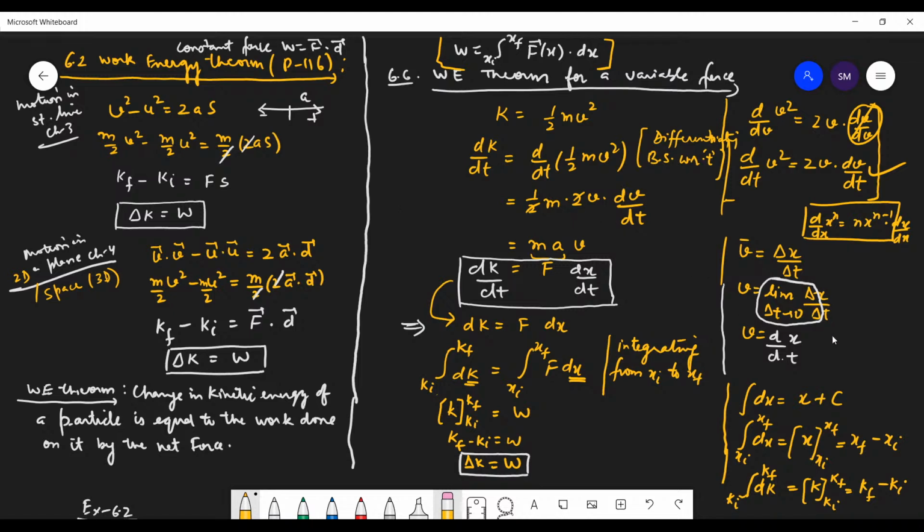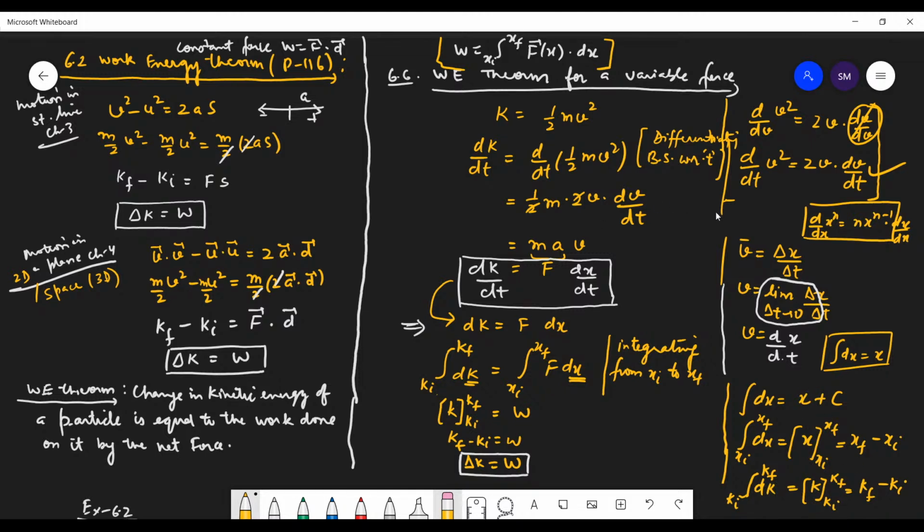We can just remember that the integration of dx is equal to x. Now it's a definite integral, so put x equal to xf, the final value, minus x equal to xi. For dK, instead of x, it is the same thing: the integration of dK is K.